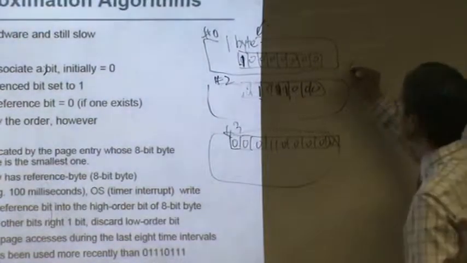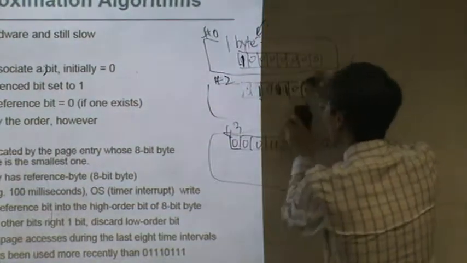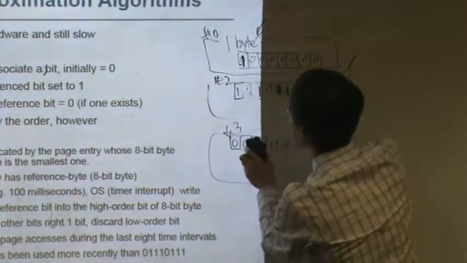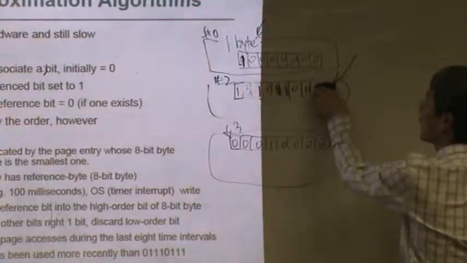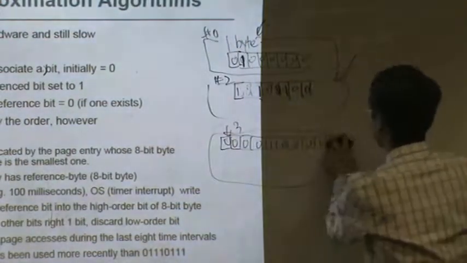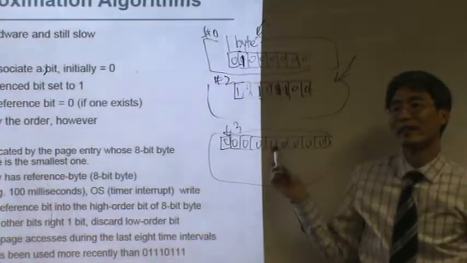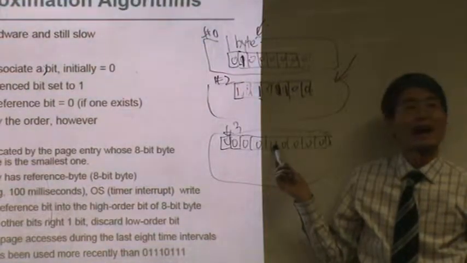Then, if this one is referenced in the next time slot, shift right and add 1, like this. Then this is 1, this is 0, this is 1, this is 0. How can we determine the victim page using the LRU algorithm in this case? Any idea? Do I need to consider the rightmost bit? Just find the highest number.